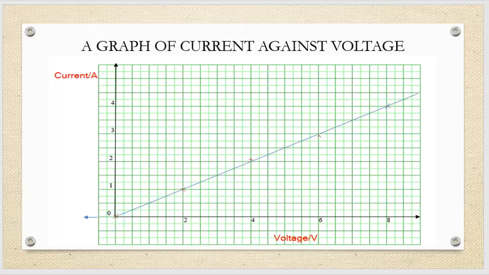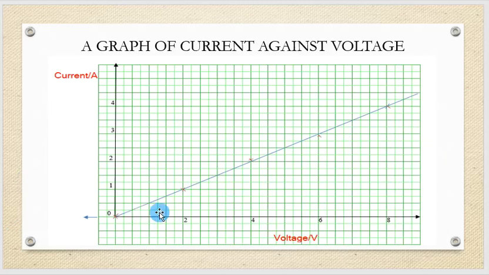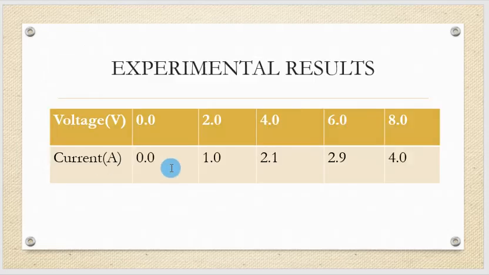The next point we have is when the voltage is 2.0, the current is 1.0. So we can see that when the voltage is 2.0, which is here, the current is 1.0, so there is a point there to show that. Then we go to the next point. When the voltage is 4.0, the current is 2.1.